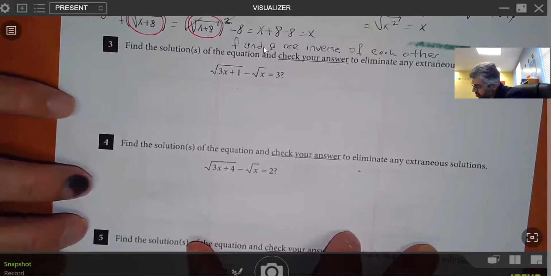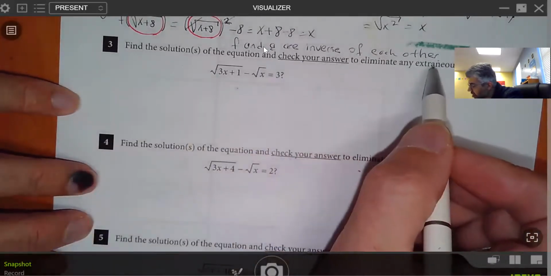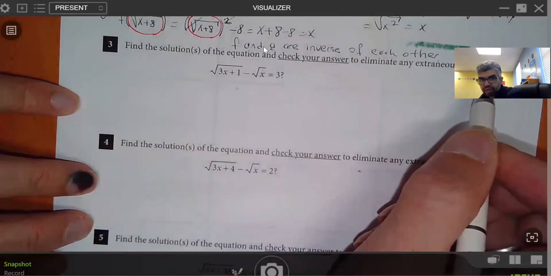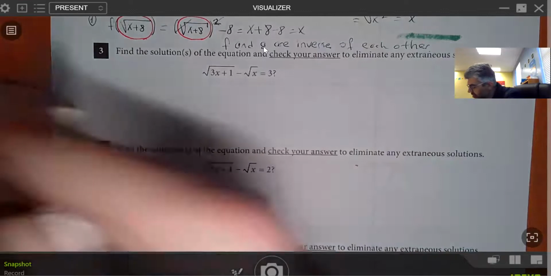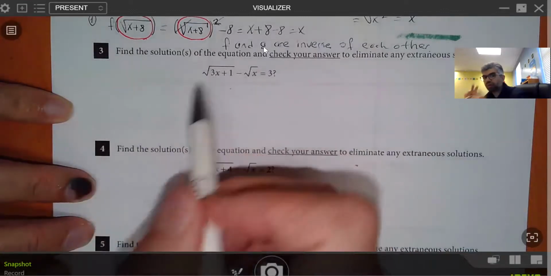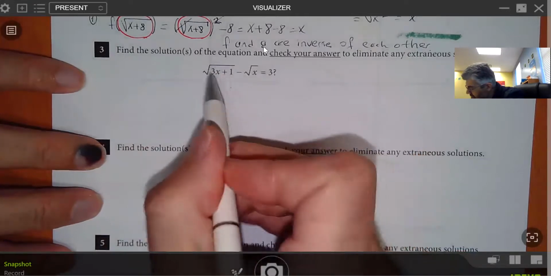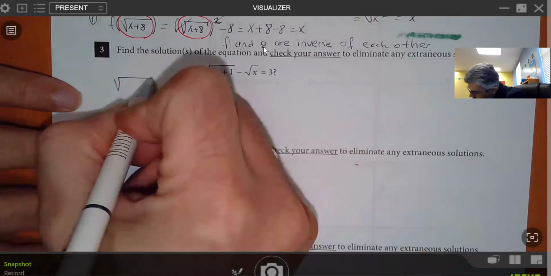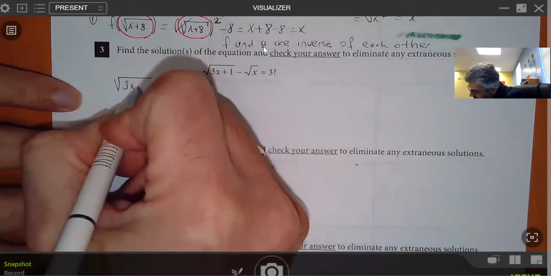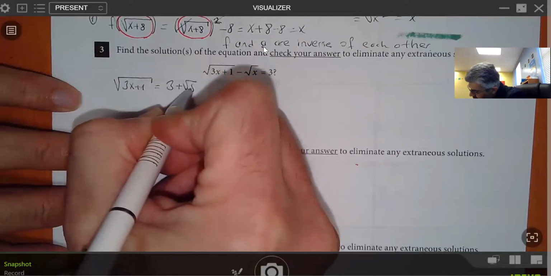Find the solutions of the equation and check your answer to eliminate any extraneous solutions. Okay, let's do that. So we have 2 radicals. What we are doing, we isolate the more complicated radical. So it's this one. Root 3x plus 1 equals 3 plus root x.